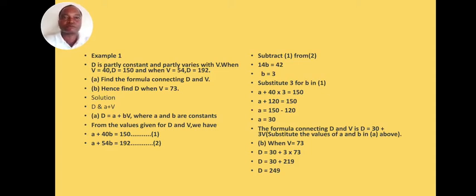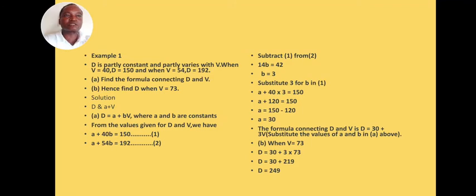Now, the variation in mathematical terms is this: D is partly constant, that is A is constant first, and partly varies as V. So when you introduce a constant, you are going to have D is equal to A plus BV, where A and B are the constants.